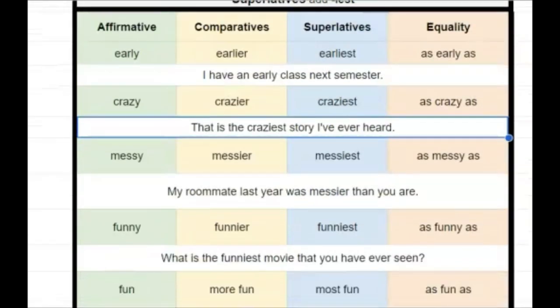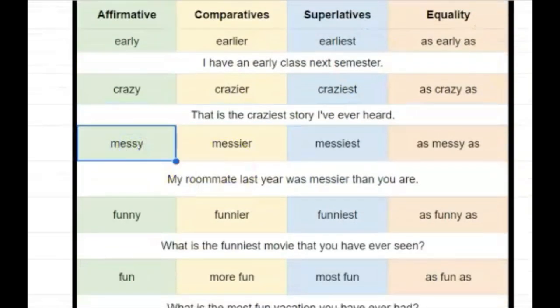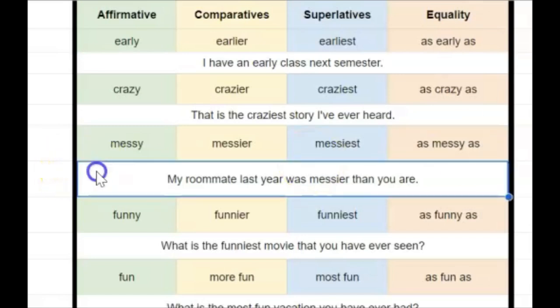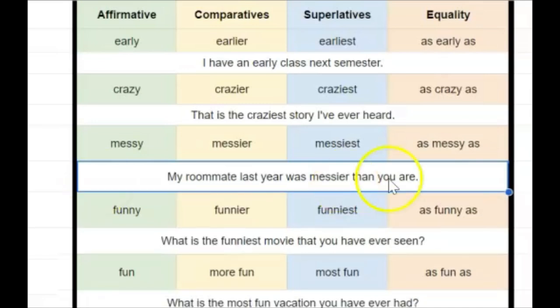The next example adjective in this category of dropping the Y and adding IER or IEST with a two-syllable word is messy. The comparative is messier, superlative is messiest, and the equality is as messy as. The example sentence we have here is, my roommate last year was messier than you are.